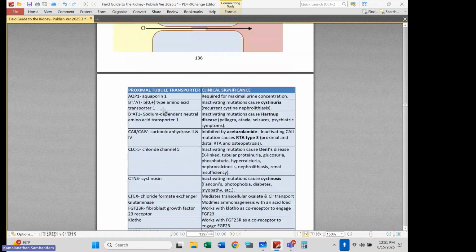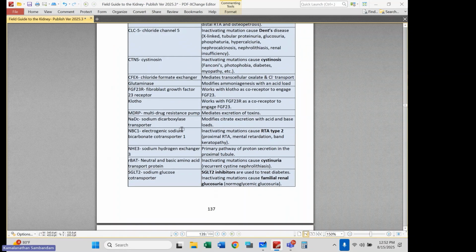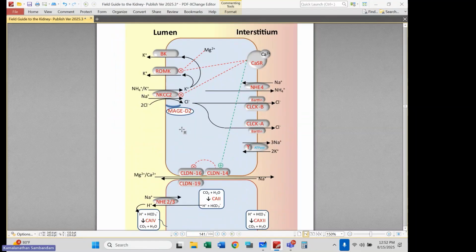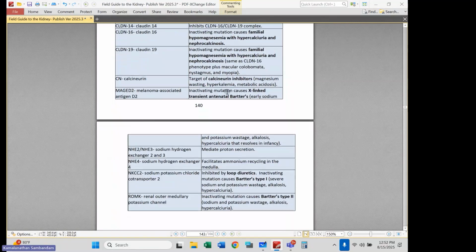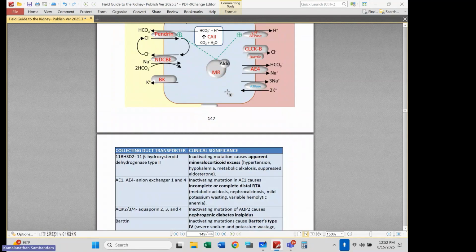And it marches through each segment, and then the transport defect that is causal for a particular human disease. Okay, so you'll see this organized in that fashion. It goes through every segment and does the same across each segment. Okay, so this is for reference.